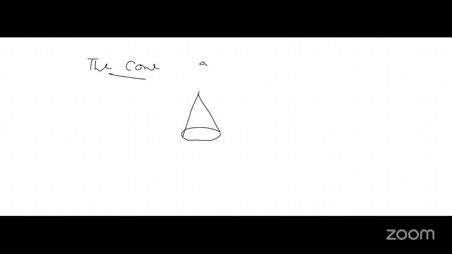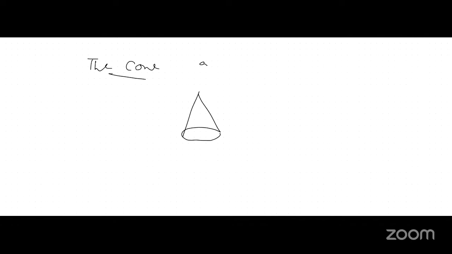Let S be a set of points in 3 dimensions. If there exists V belonging to S such that for any P belonging to S, the line VP also belongs to S, then S is called a cone.